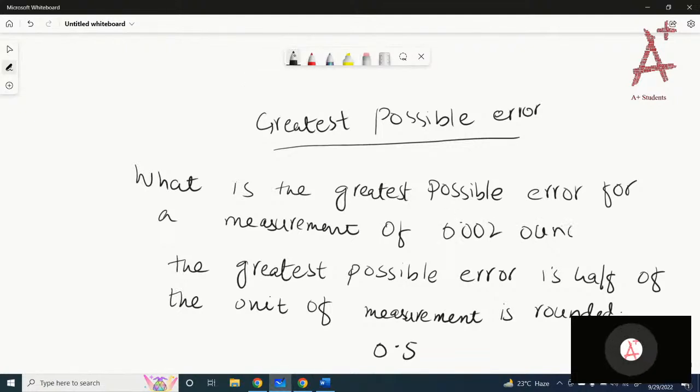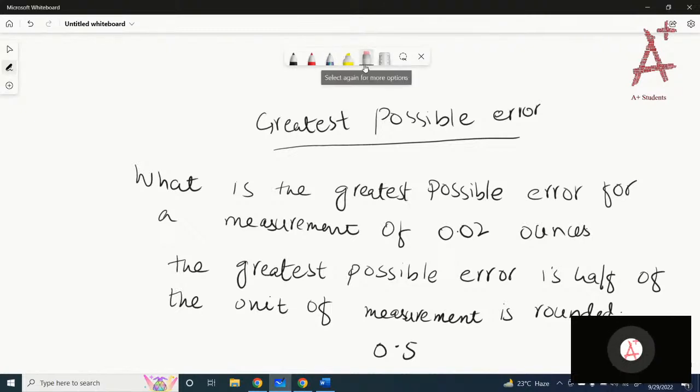So the measurement of 0.02 ounces was made to the nearest 0.01.